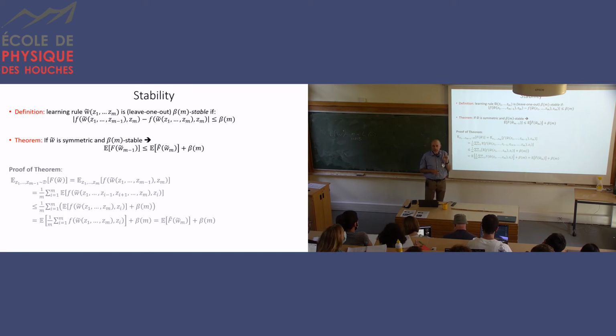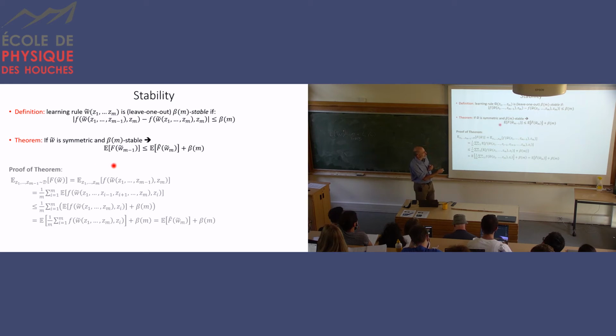They're not necessarily going to have small expected error. It's very easy to have a stable rule. A trivial example of a stable rule is if I always return 0. Whatever data I have, I return the null predictor. That's going to be very stable, because if I remove an example from my training set, it doesn't change my rule at all. But that's a pretty bad rule.